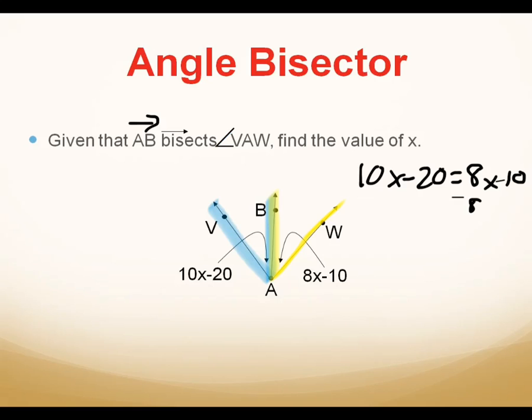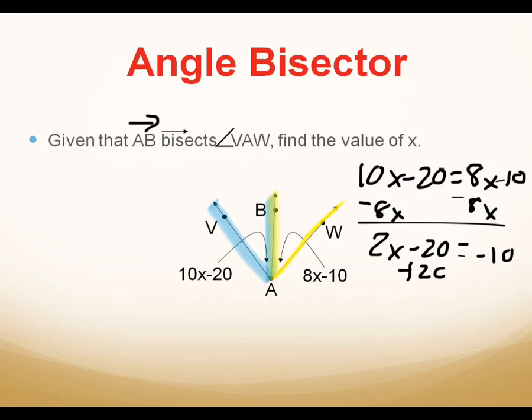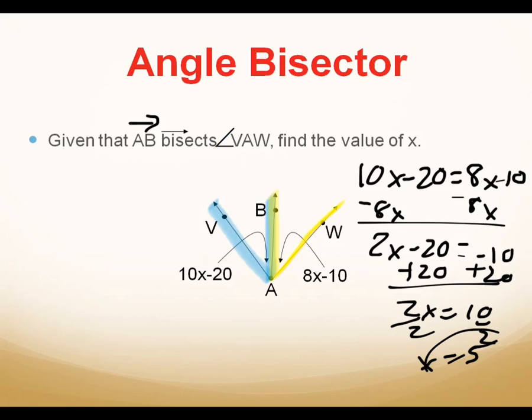And then I would just start solving that for x. I'll move that 8x over the other side. I get 2x minus 20 is negative 10. Add 20. 2x is equal to positive 10, divided by 2. So x is 5. Okay. Again, I know that because these two are bisected, so they're the same because I bisect them with that ray AB.